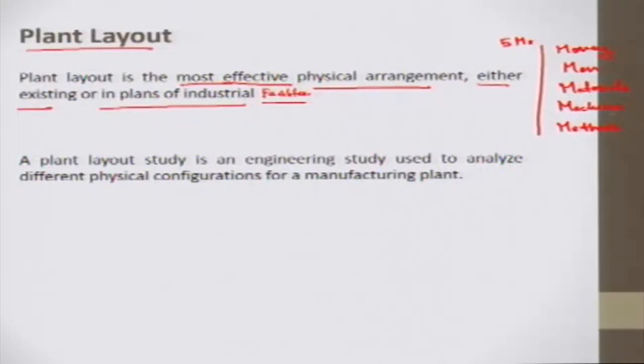So the plant layout is an arrangement of machines or the processing equipments and service departments to achieve the greatest coordination between these 4 M's, so that we could have lesser investment, lesser money is used here. So these 4 M's are more of focus in plant layout study.